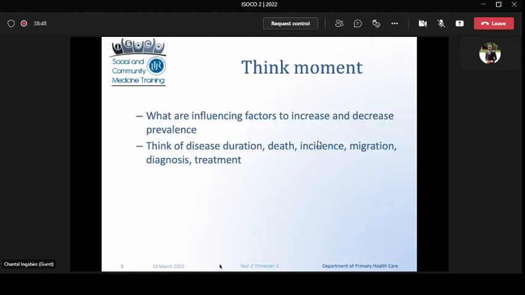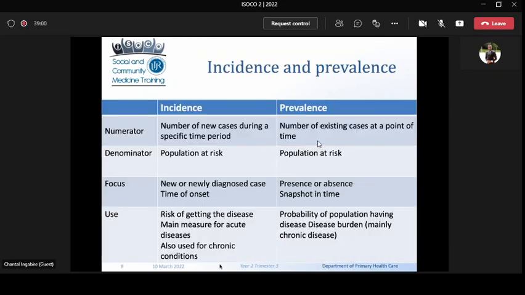Now, let's talk about some of the factors that might increase or decrease the prevalence. According to you, what do you think might be the factors that might lead to the increase or decrease of a particular health condition or a disease?